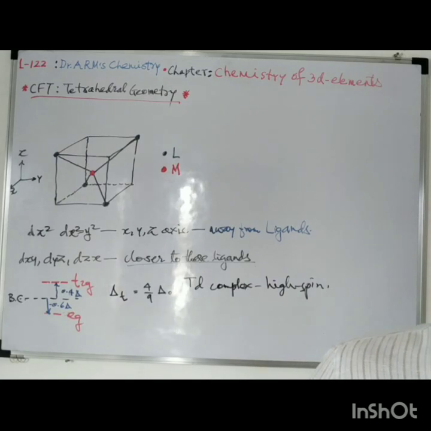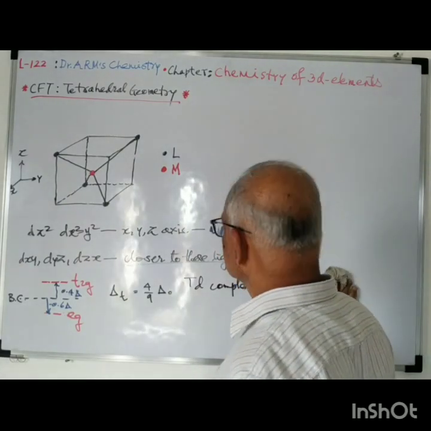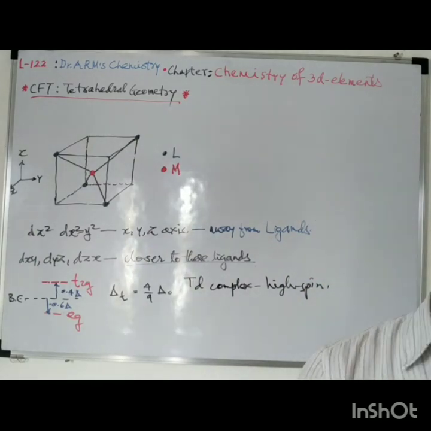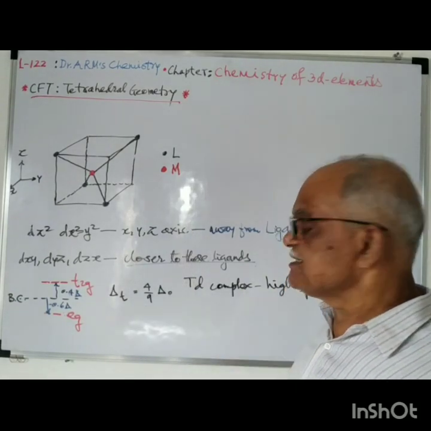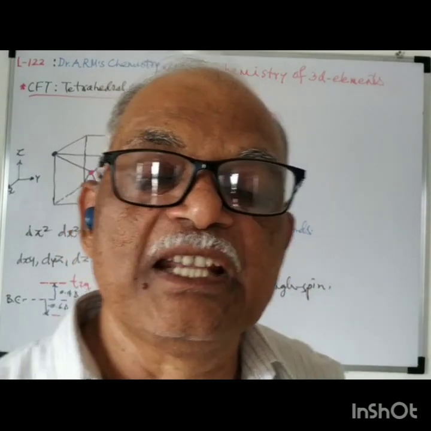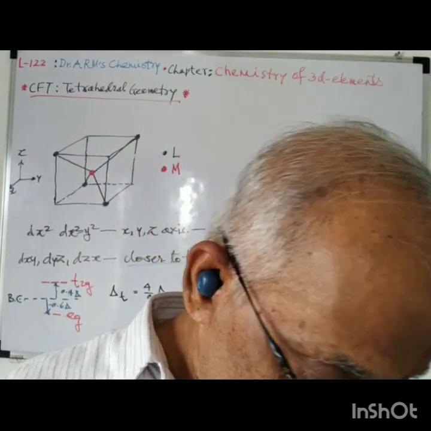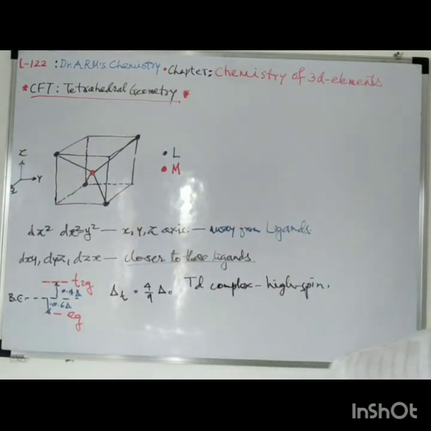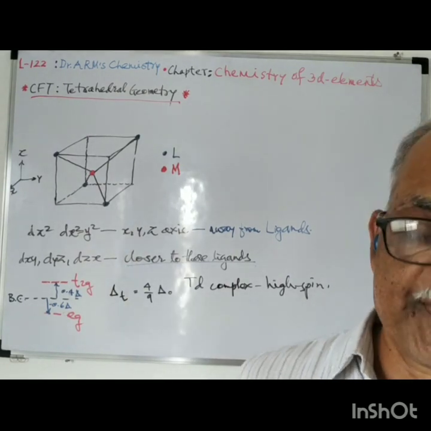So now we will see the colors of these complexes. As we know, most of the complexes are high spin. The color of the complexes observed varies to a large extent, or we can say octahedral and tetrahedral complexes have different colors.